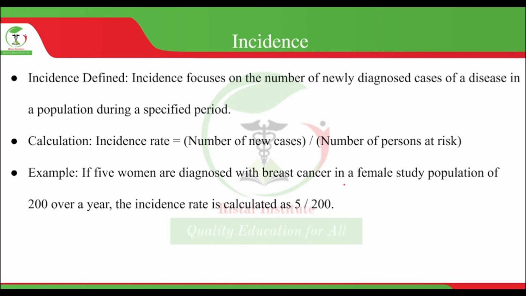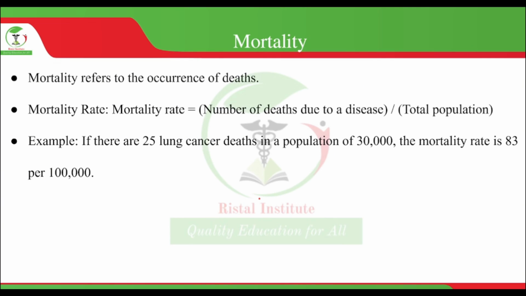In this case, we are talking about a population of females. So the example is that if you have a female population of 200, and out of these 200, in a period of 1 year, 5 of them actually get breast cancer, then the incidence is calculated by dividing this 5 over the 200. That will be the incidence rate.